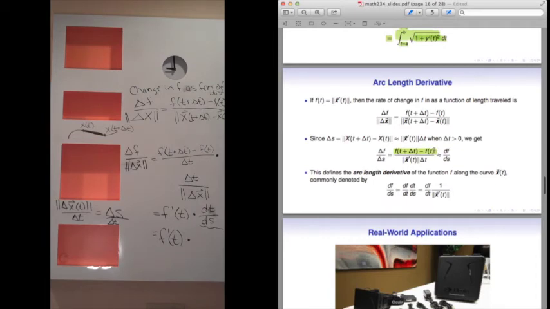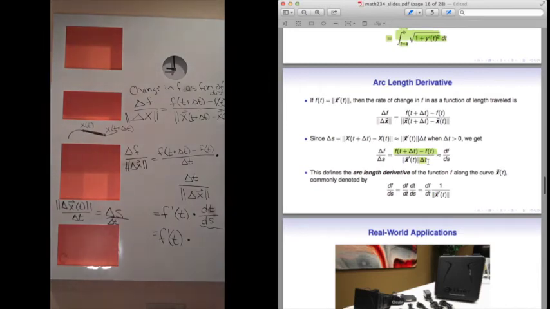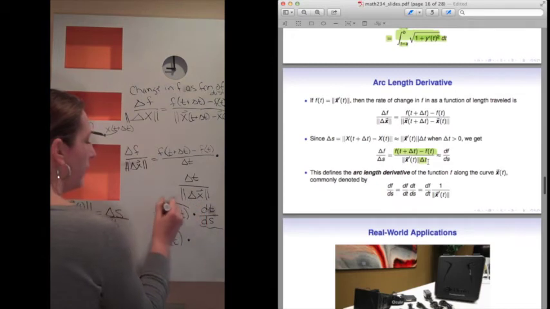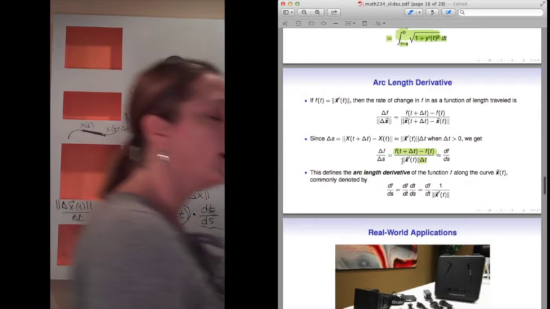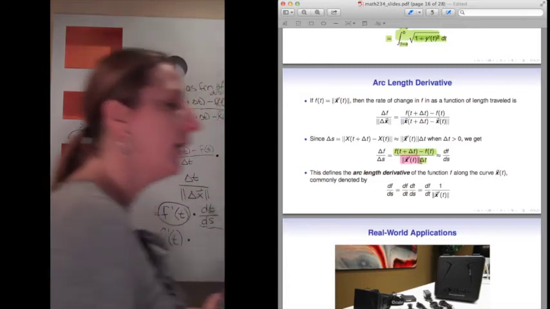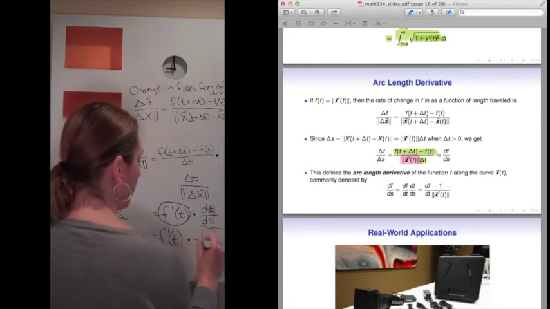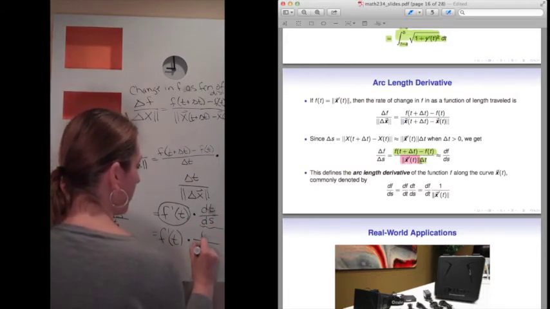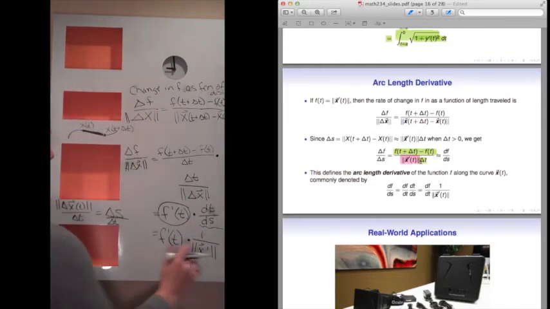So we have here our function. What I'm highlighting here in green on the slide is the term that corresponds to this f prime of t. And what is left over is this pink term, which is the reciprocal of velocity.